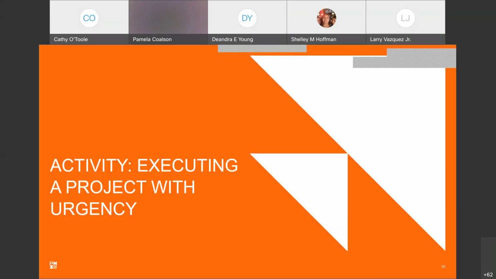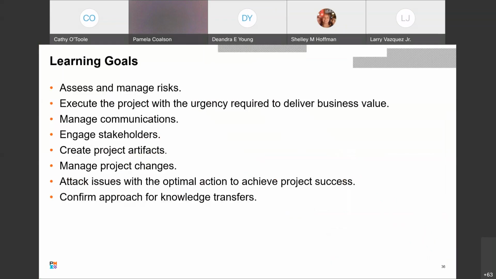Okay, so that brings us to the next activity, which you should have something about on executing a project with urgency. So a couple of things here. We talked about assess and manage risks. We've talked about executing the project with the urgency that's required to deliver business value.